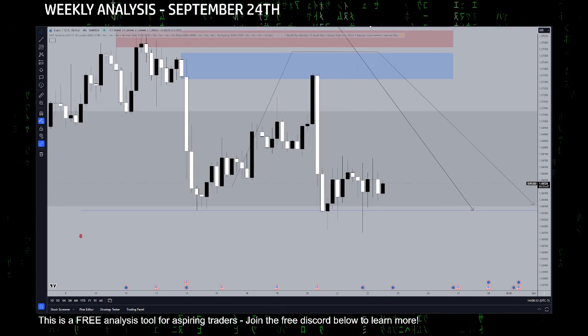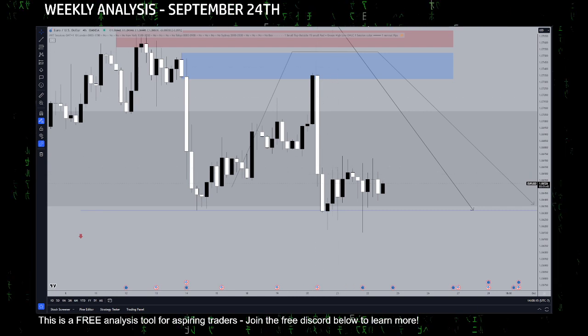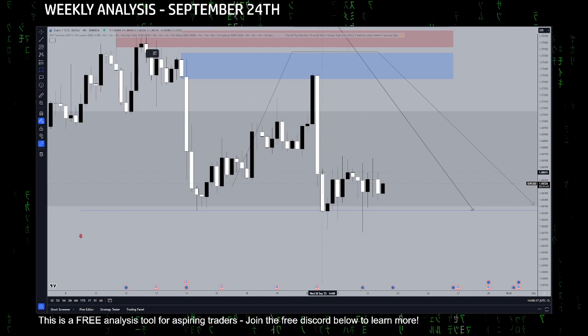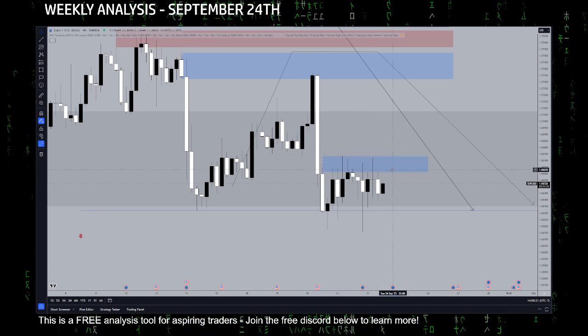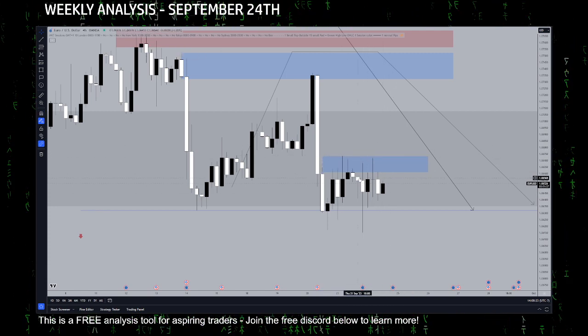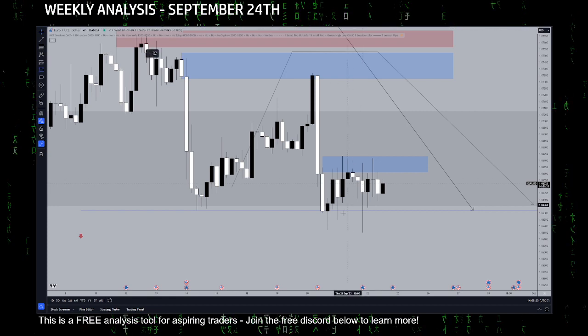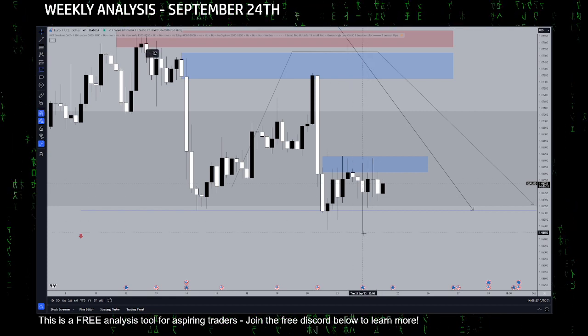So what are we looking for this week? We are a bit ranged up. We're looking for price to exceed either the supply or the demand of this range. We should have a downside bias.